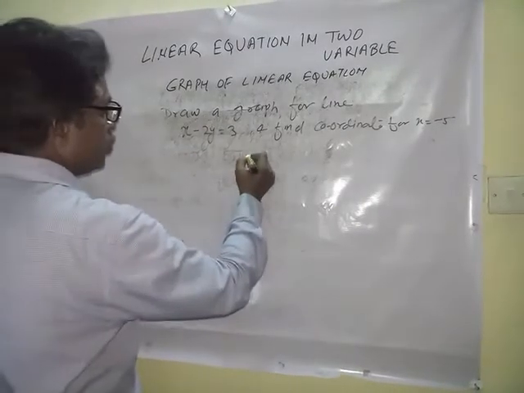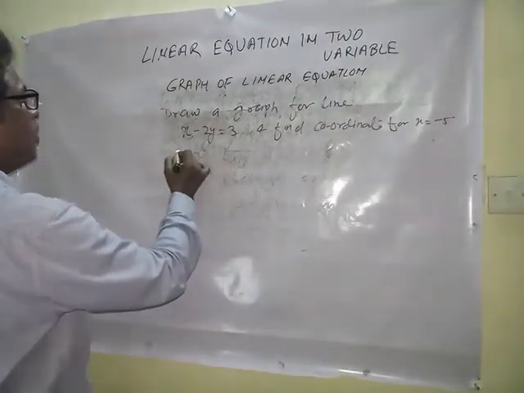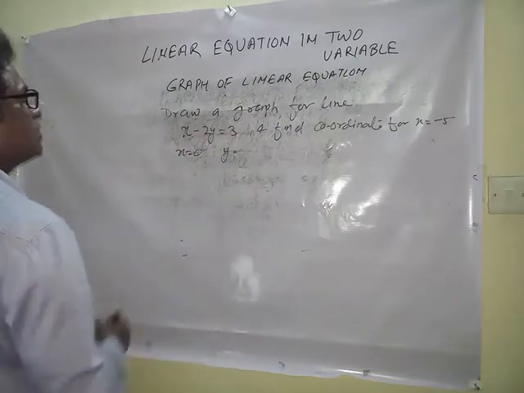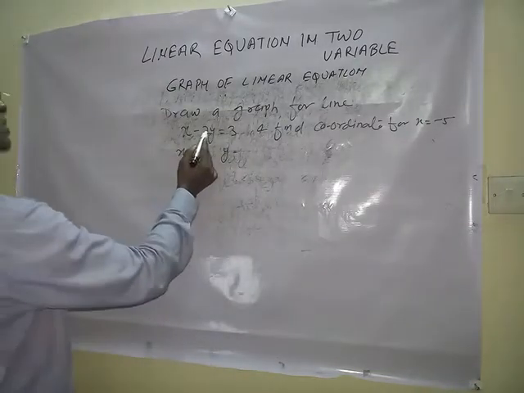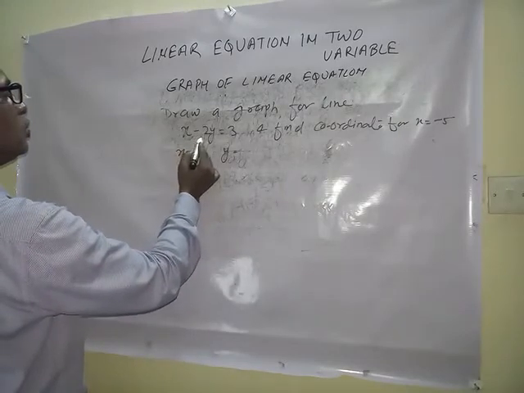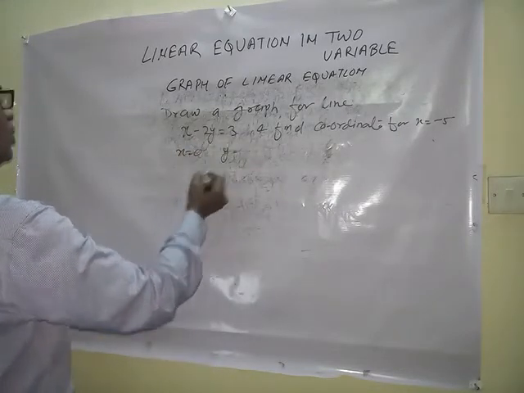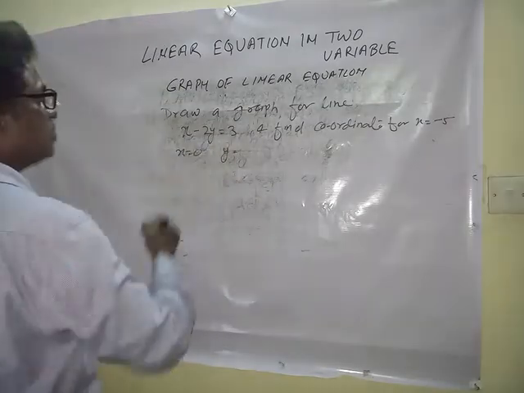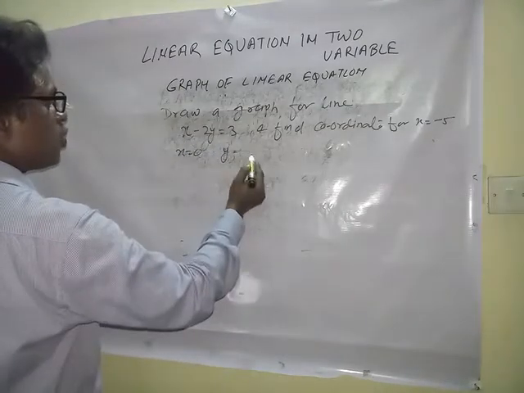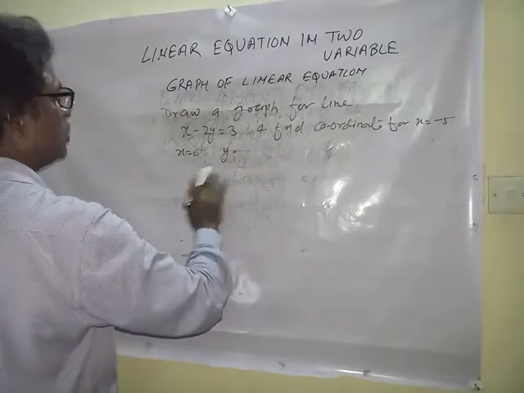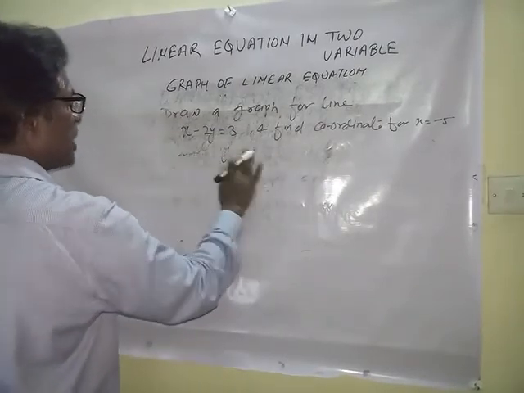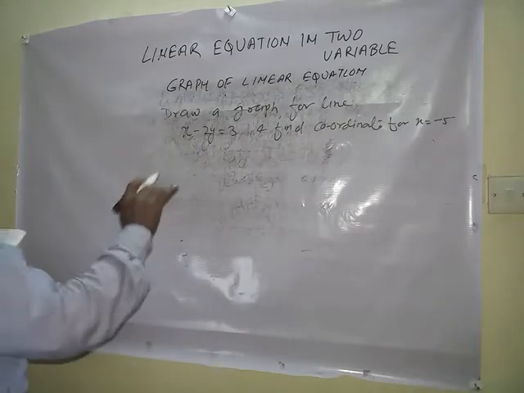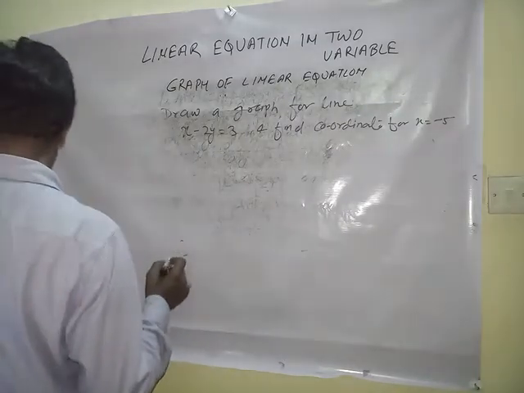So what you have to do, say for x is equal to 0, y is equal to what? y is equal to 3 upon minus 2, or minus 3 upon 2. So let us remove that, because as I told you, for drawing the graph you should always have an integer value.